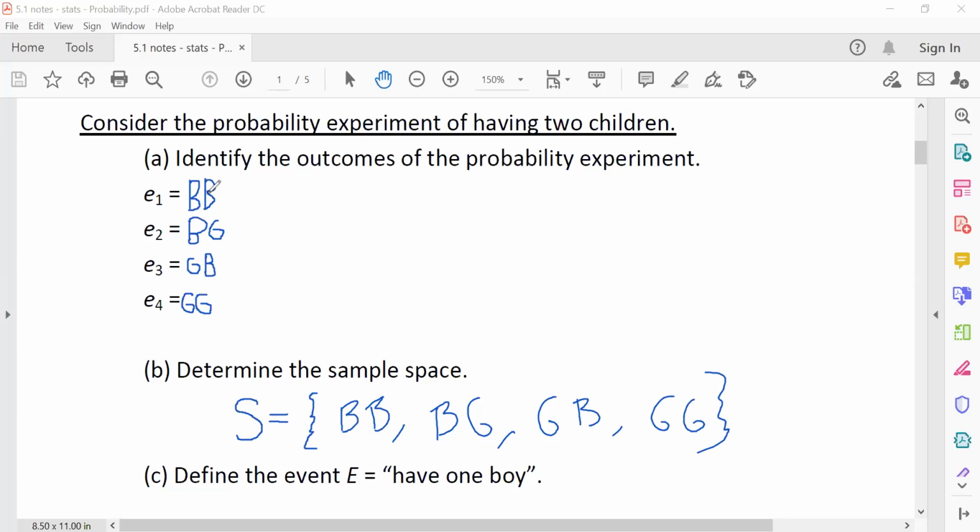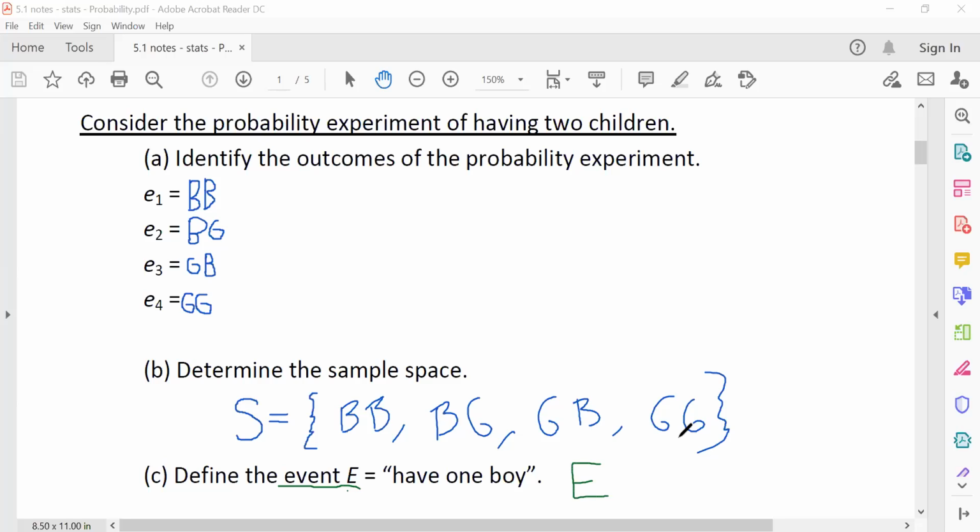Each of these possible outcomes by itself is sometimes called a simple event. It's just one of the possible outcomes. We're going to define more generally that an event is any subset of the sample space. An event is any combination of these possible outcomes, or even none of the outcomes, so that nothing happens.